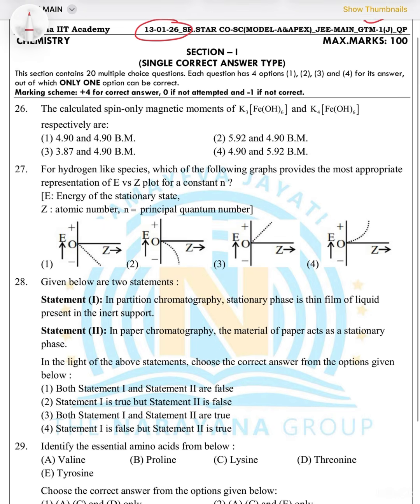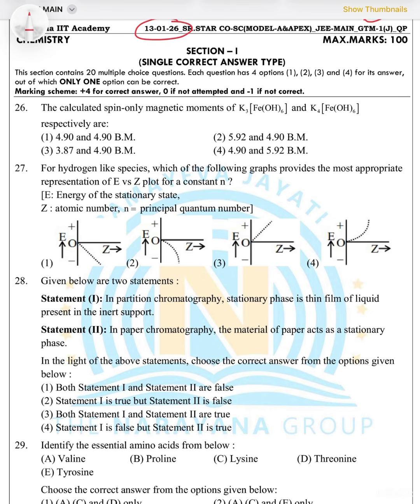Question number 26. The calculated spin-only magnetic moment of K3[Fe(OH)6] and K4[Fe(OH)6] respectively are. In K3[Fe(OH)6], the oxidation state of iron is +3, whereas in K4[Fe(OH)6], the oxidation state of iron is +2.